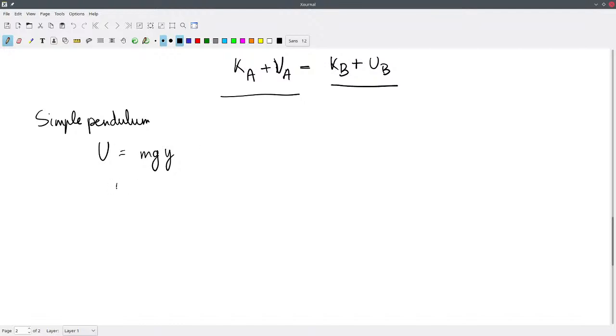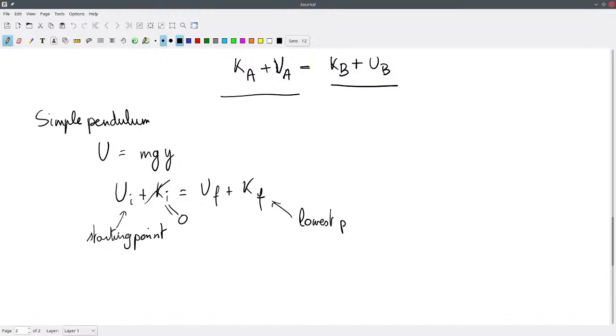And we know that U initial plus K initial must be U final plus K final, where initial is at the starting point, where we know we're at rest. So this is going to be 0. And this is the lowest point. So at the lowest point, our kinetic energy won't be 0.